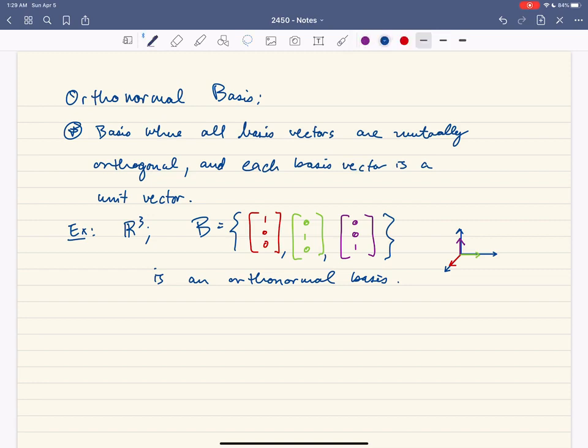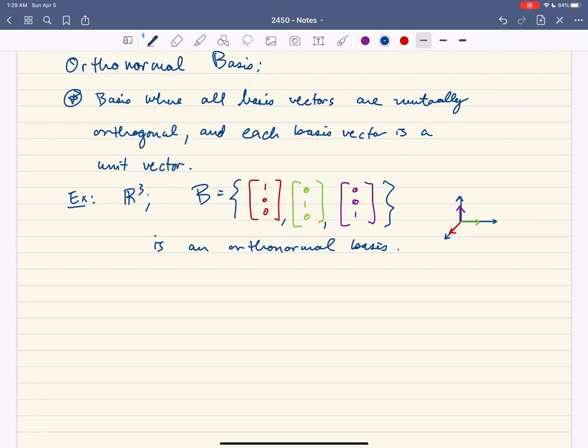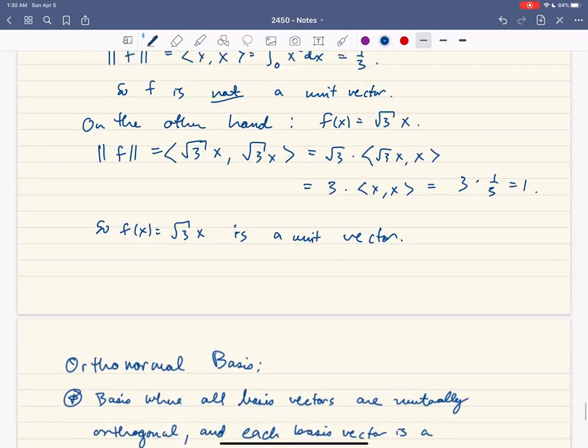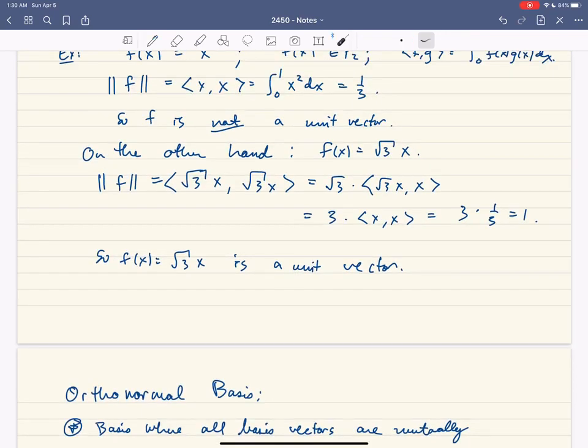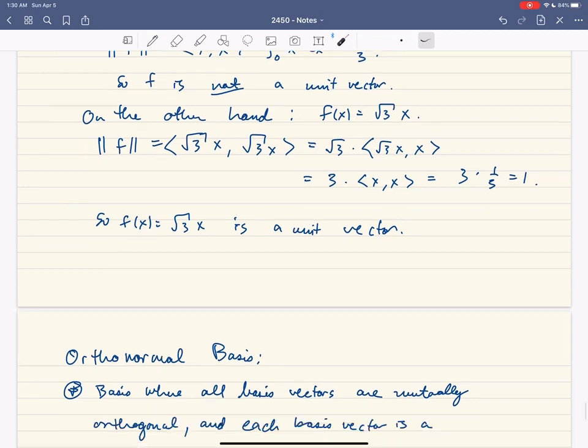There's a process that you can go through. Start with any basis you want, and you can use some geometry to come up with an orthogonal basis. And once you have an orthogonal basis, you can always just do the trick that we did before of scaling. You can turn every vector into a unit vector in the same direction.